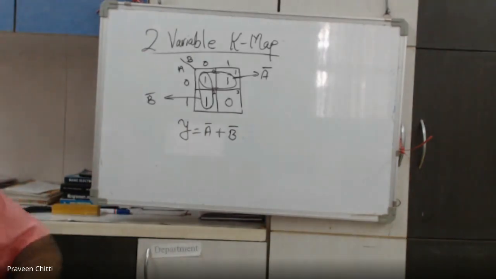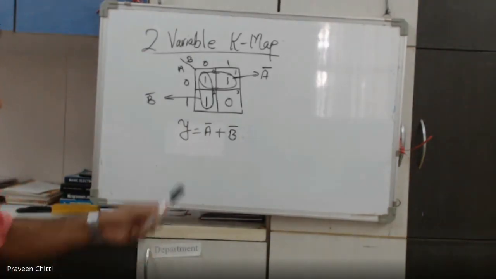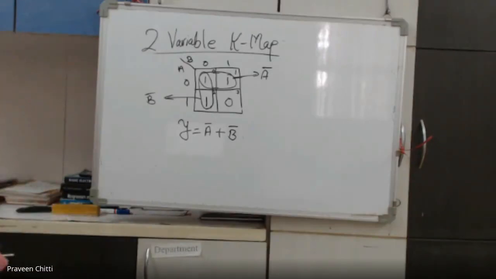So we'll stop here today. In the next class, we'll see 3 variable K-map, 4 variable K-map, and then we'll solve many examples on it. Once again, I'm requesting you all, from the next class onward, compulsorily have a pen and a notebook with you so that you also work along with me when we are solving the numerical examples.